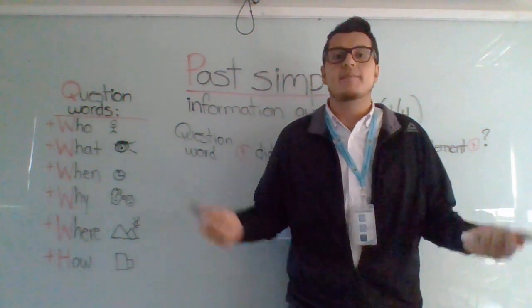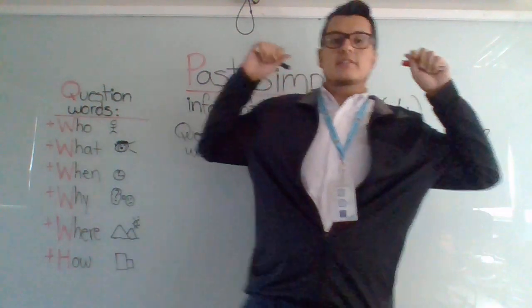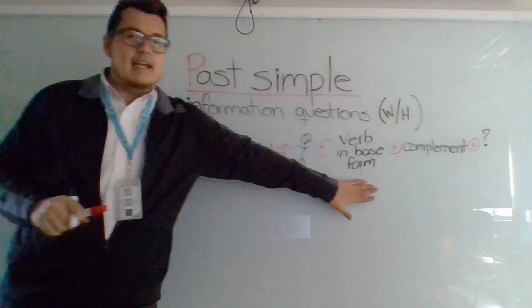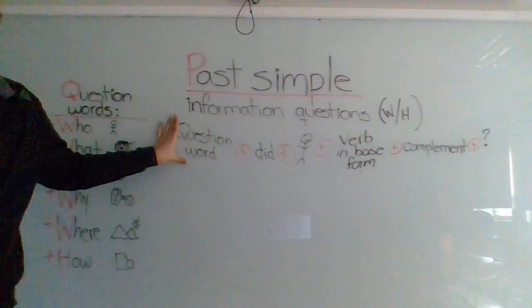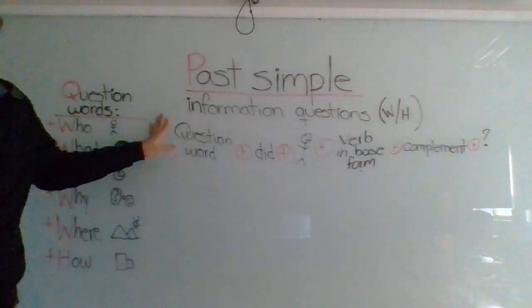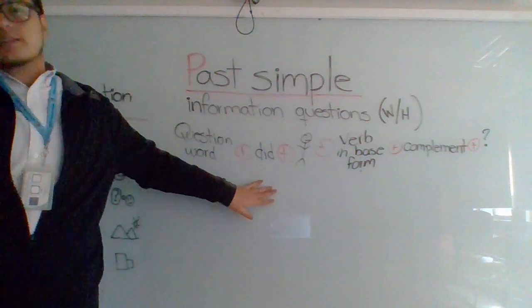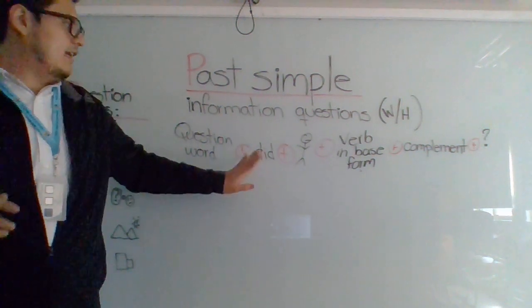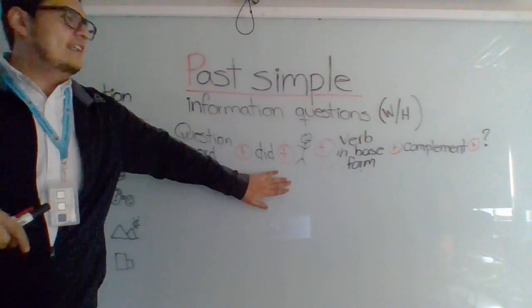That's for the grammar. Remember, for these questions, the rule is the same, but we start with a question word. So now you know how to make this question, how to order this question, and how to answer this question.